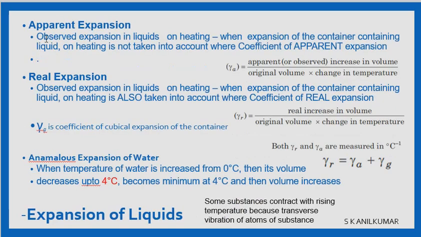Now expansion of liquids. Liquids have a different type of expansion. One is apparent, one is real. What is apparent expansion? Expansion of the liquid on heating, where the heating of the container is not taken into account.